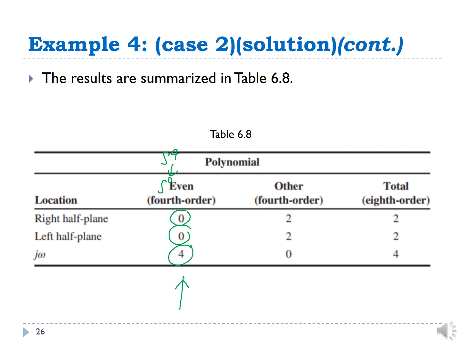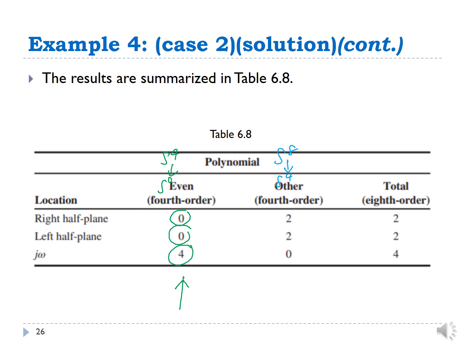The remaining roots of the total polynomial are evaluated from s power of 8 down to s power of 4. From the first column of table 6.7, we notice that there are 2 sign changes, from s power of 7 to s power of 6 row and from s power of 6 to s power of 5 row.